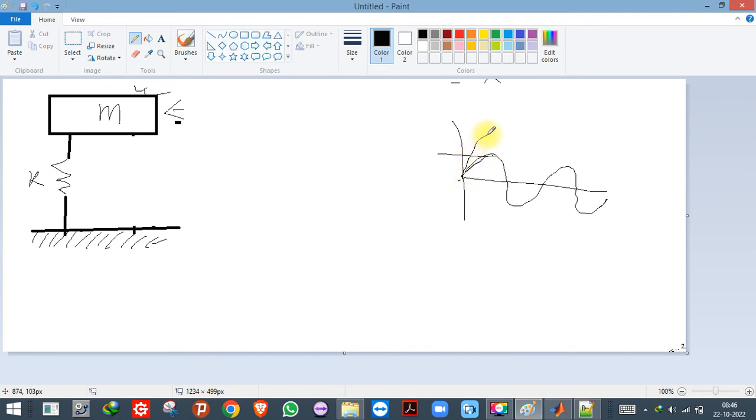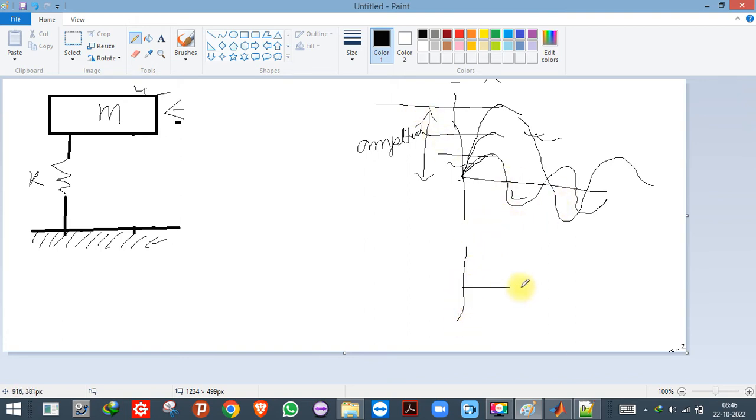If it is going up this much, and if it is going like this, that means the amplitude of this curve is higher than this. So the y-axis represents the amplitude. It could be velocity, displacement, acceleration, it could be anything. So that's basically what amplitude means.